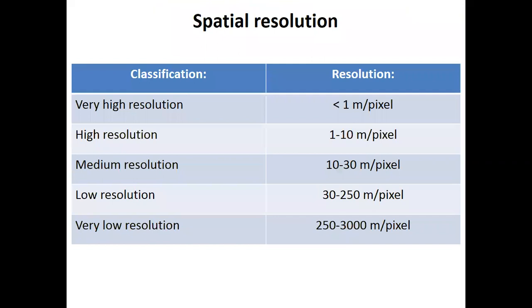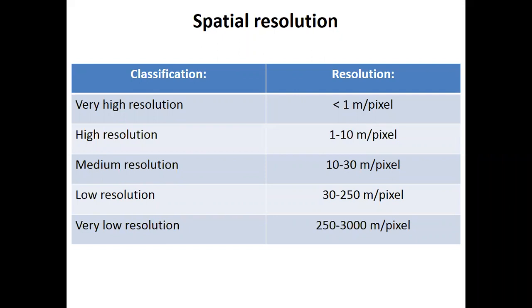So there are also different types of images and different types of sensors. They have different spatial resolutions, and there is no very well-defined classification, which could also change over time.